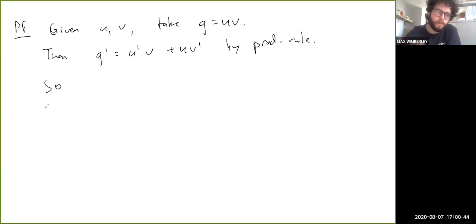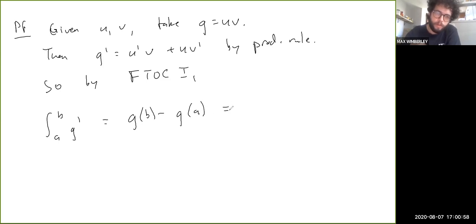So by the fundamental theorem of calculus 1, the integral from a to b of g' is g(b) minus g(a). And since g is just uv, this is u(b) v(b) minus u(a) v(a), right?